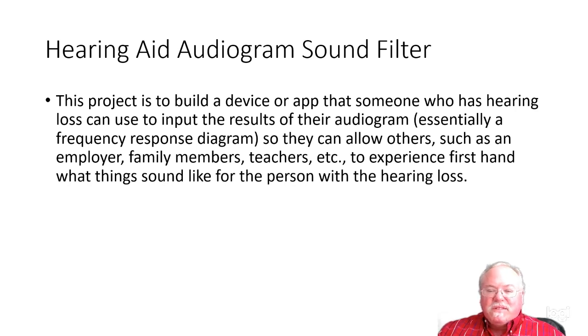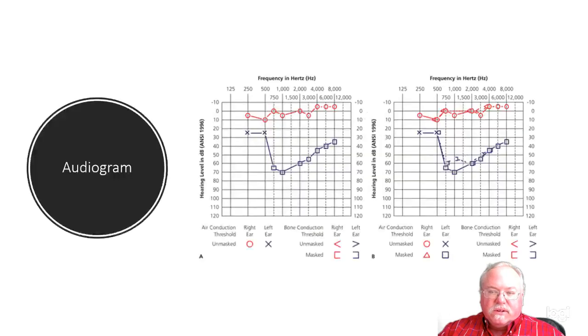box type device where someone can take the results of their hearing aid audiogram, and this is what a hearing aid audiogram looks like for people with different types of hearing issues. What the audiogram does is go through the different frequencies that someone should be able to hear.